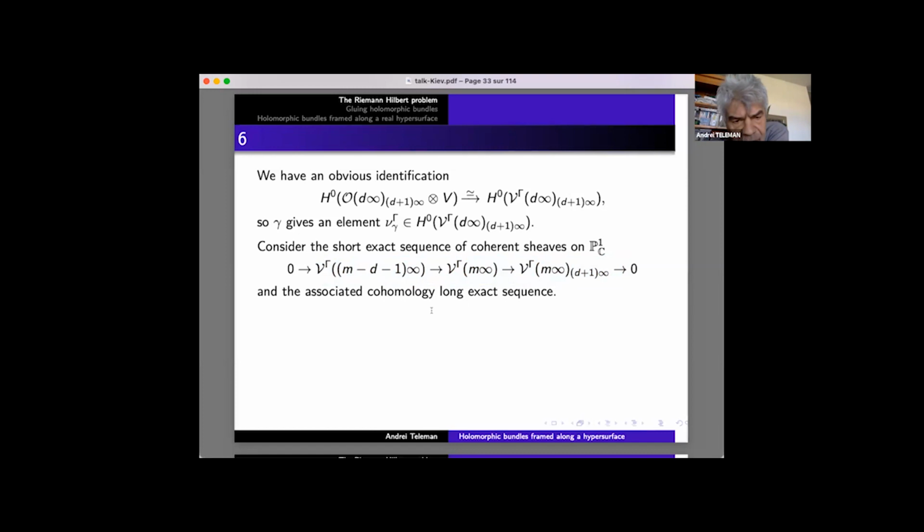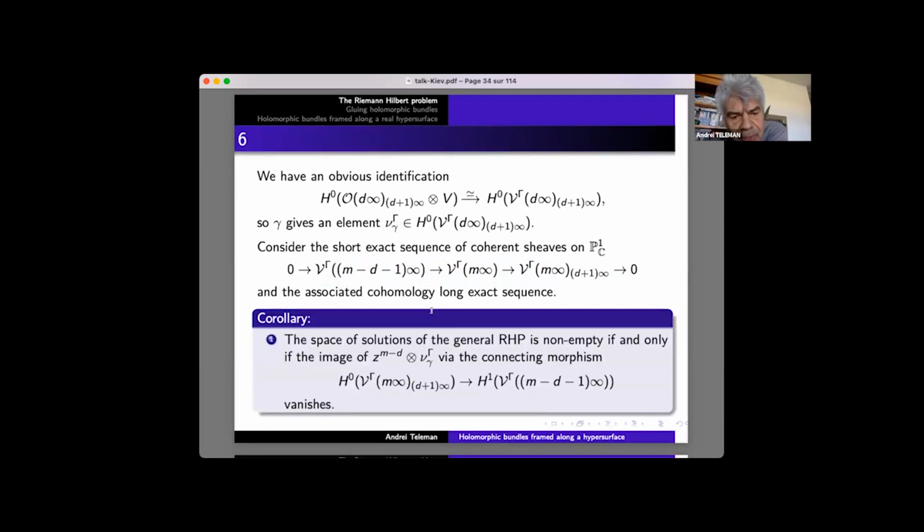Then I have a long exact cohomology sequence. And this cohomology exact sequence contains the famous delta, the connecting operator, which goes from H0 of this to H1 of this. And this is important because my new gamma, the object associated to gamma, is an element here. And then my corollary states the following.